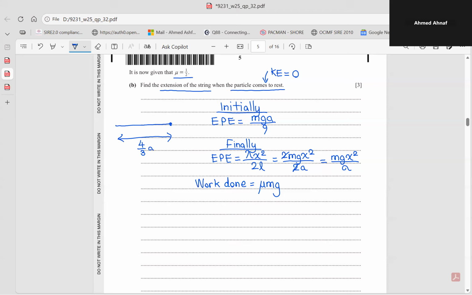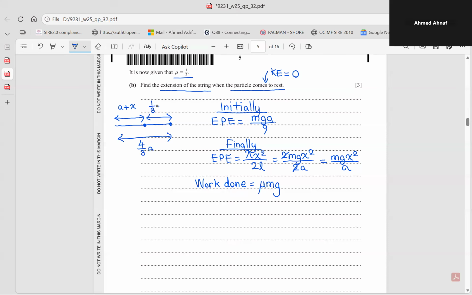And let's say this is the point where it comes to rest. So the length here is just going to be a, the natural length, plus x. So the distance moved altogether is just going to be 4 over 3a minus x.